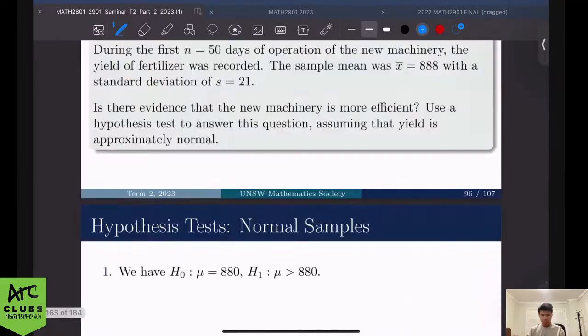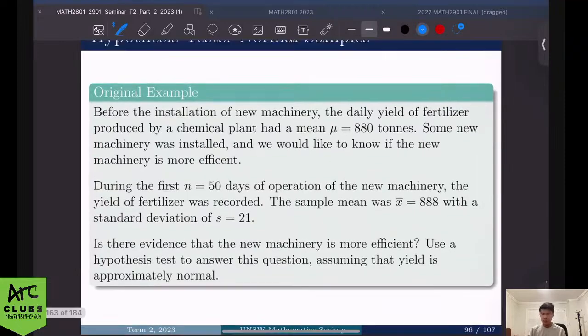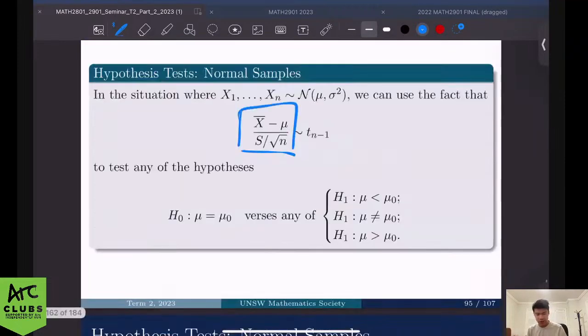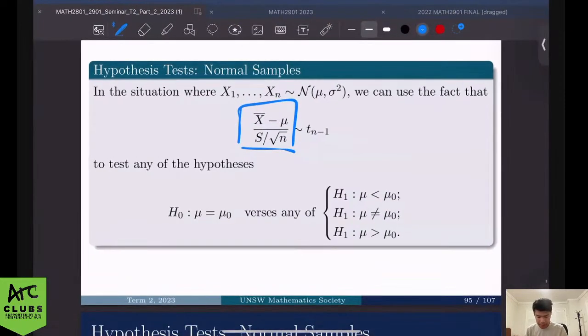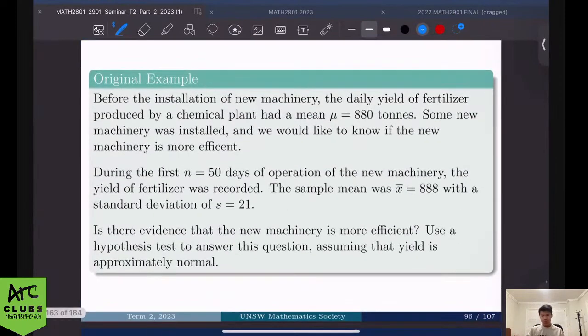Okay, cool. So let's just read through the question. Ignore this for now if you don't get it. We'll talk about it now. So the daily yield of fertilizer before was 880. And now we've got new machinery installed. We want to see if it's better. So already from the English words, you can establish what we're trying to do, right?